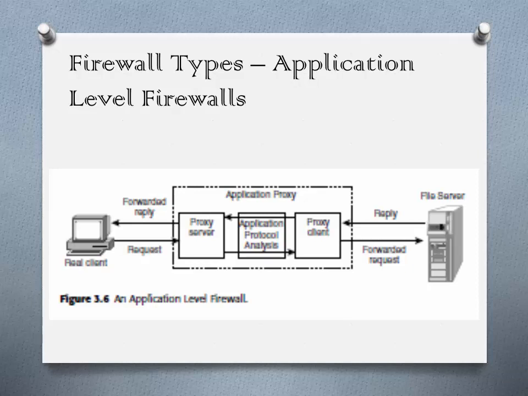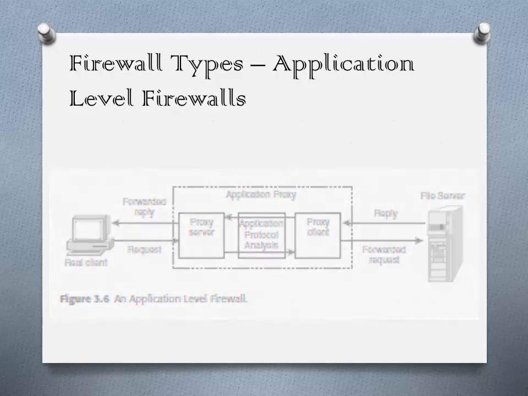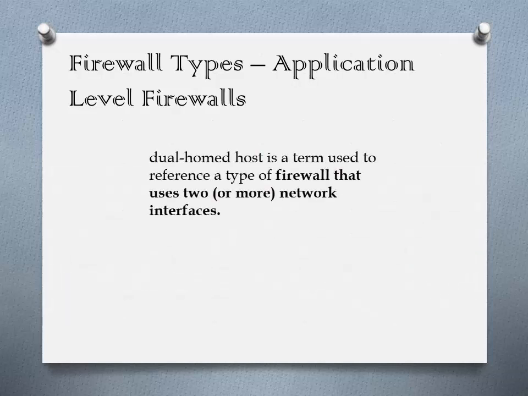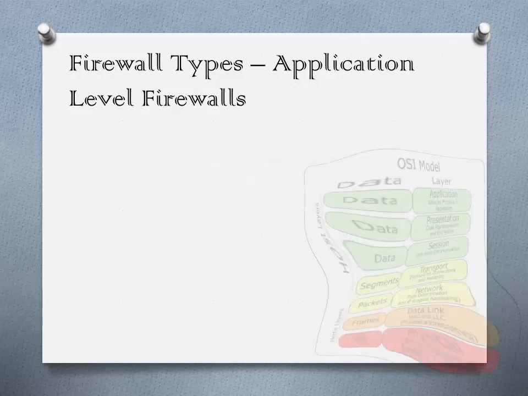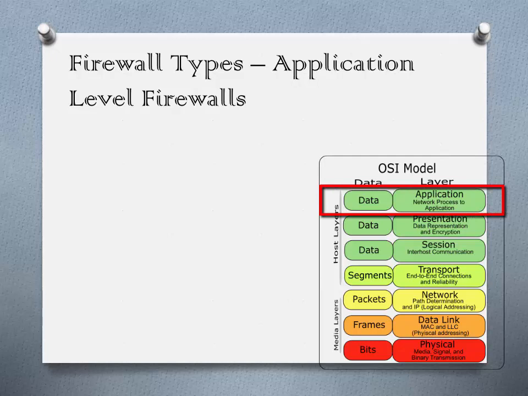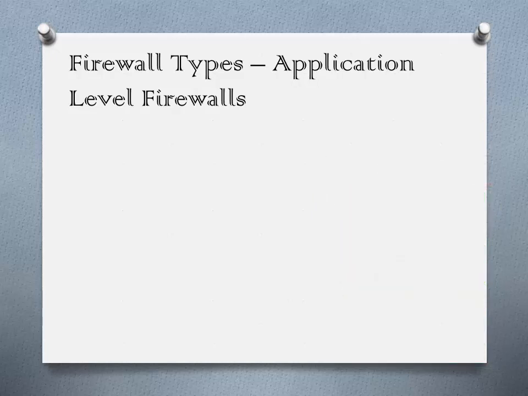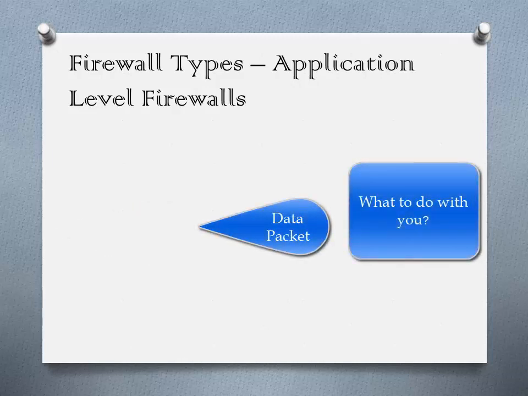This type of firewall is considered a second generation firewall. It is also called an application layer proxy and is commonly used with a dual homed host. It operates at the OSI protocol layer 7, the application layer. One drawback of this type of firewall is that it reduces network performance due to the fact that it must analyze every packet and decide what to do with each packet.